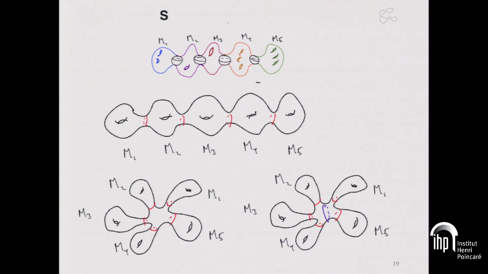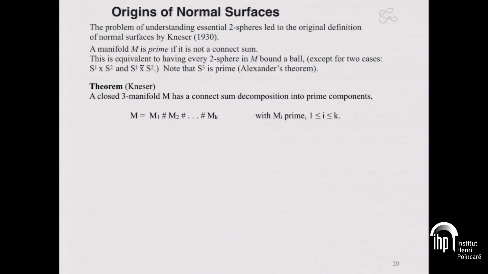So the point of this picture is that the number of connect sums is not quite the same as the number of non-parallel 2-spheres, although they're closely related. You have to be a little careful about how the 2-spheres that cut up a manifold are connected to the number of summands.